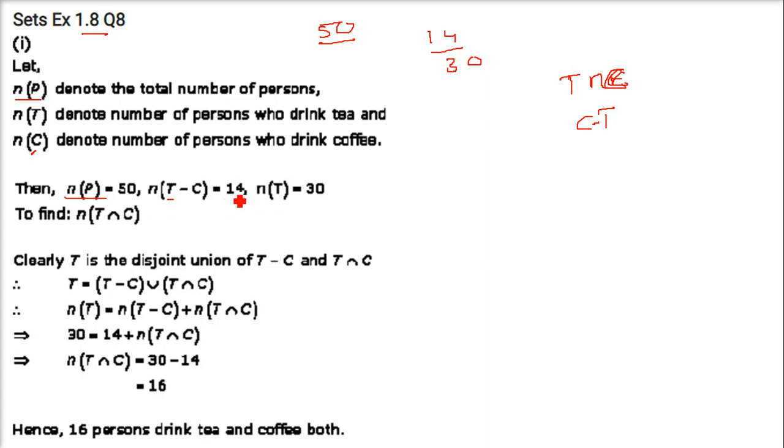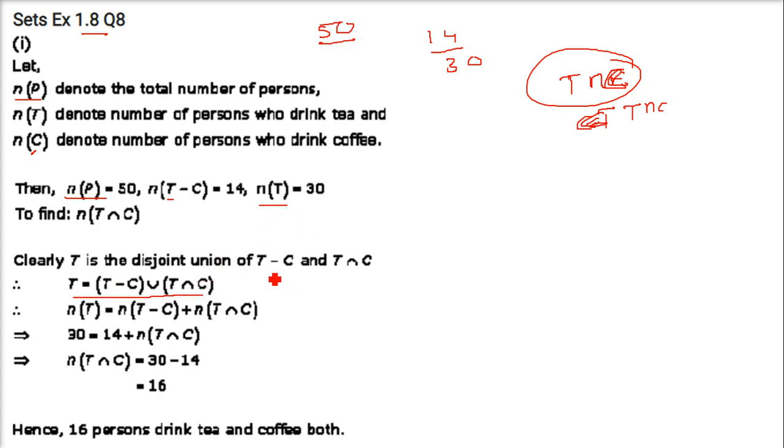And we have to find T intersection C. T minus C is 14, and the number of people who are drinking tea is 30. We have to use this again and again. This you have to understand for solving any of these questions. So T equals T minus C union T intersection C.